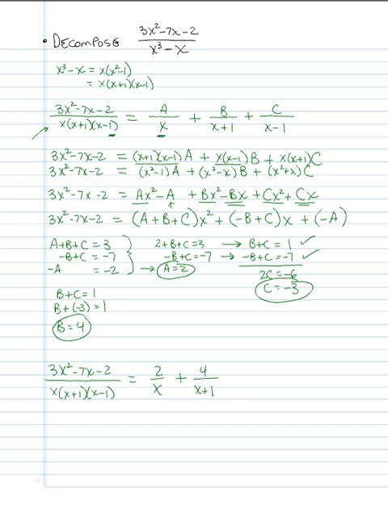And then we have plus c over x minus 1, but since c is negative, I could say minus 3 over x minus 1. If we were to turn around and add those three fractions together, we would get the original left side. Okay, and so we have done the decomposition.